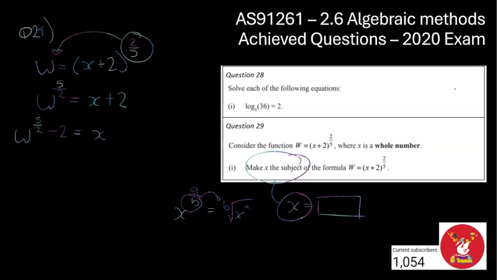So doing that here, my denominator is going to be the square root, so it's the square root of w to the power of 5, minus 2. And we know when there's a 2 sitting there, that's actually invisible, isn't it? So x will be equal to the square root of w to the power of 5, minus 2.